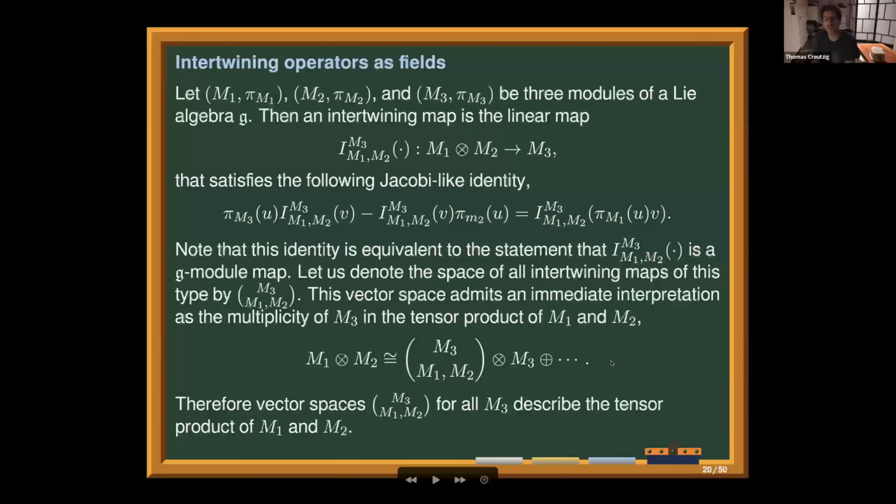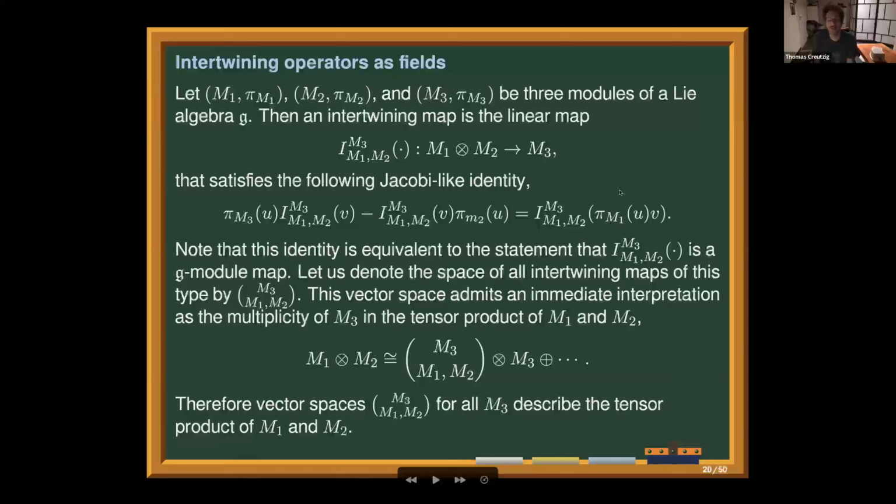Then an intertwining map in general is a linear map from the tensor product of the first two vector spaces to the third one that is compatible with the Lie algebra structure. That means it satisfies a Jacobi-like identity, given by this formula. On the left-hand side, you have a kind of commutator, and on the right-hand side, you associate in a certain way.